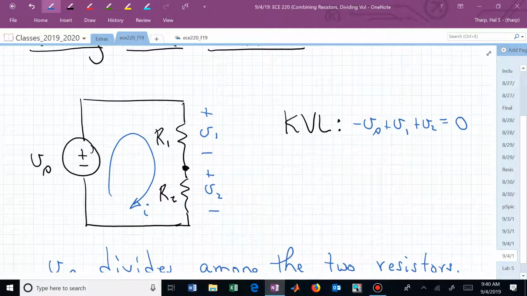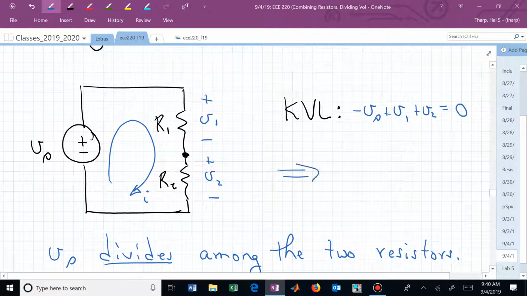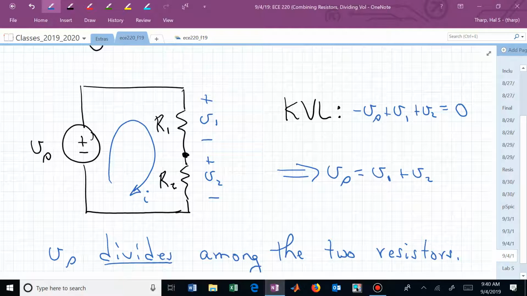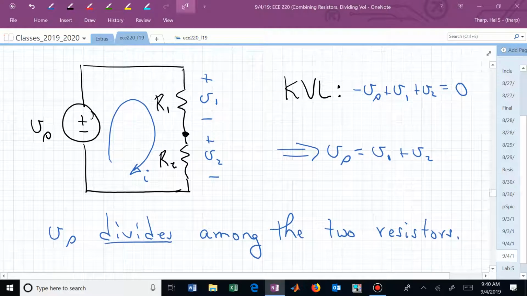But here, we can solve for V sub s, and V sub s becomes V1 plus V sub 2. Or you can see then that this voltage that's superimposed across those two series resistors divides among the two resistors. One is a V1 and the other is a V2.